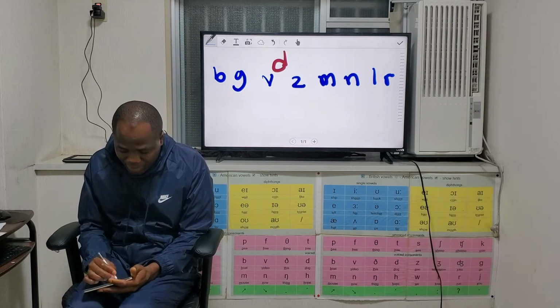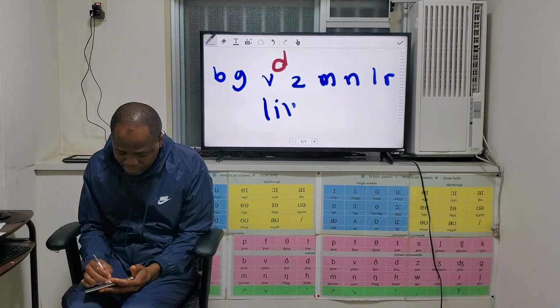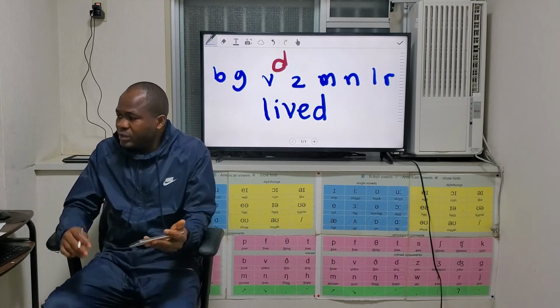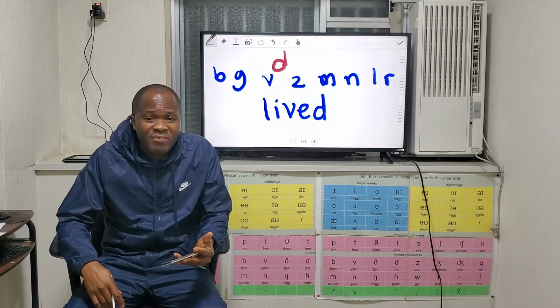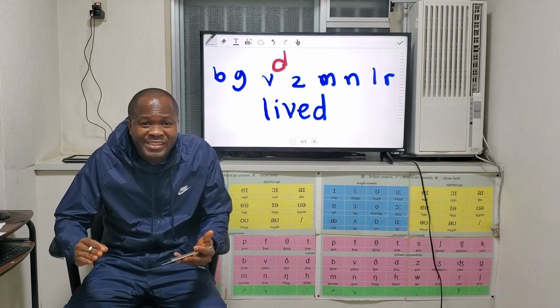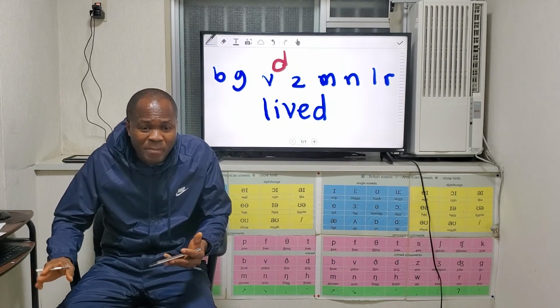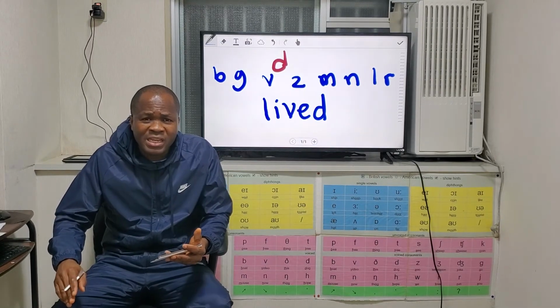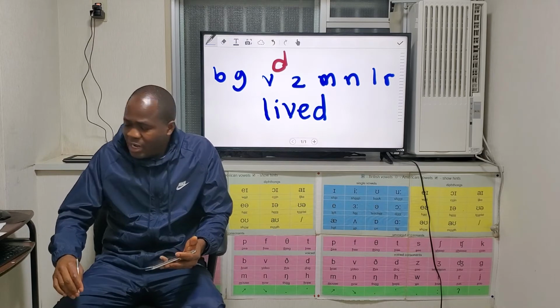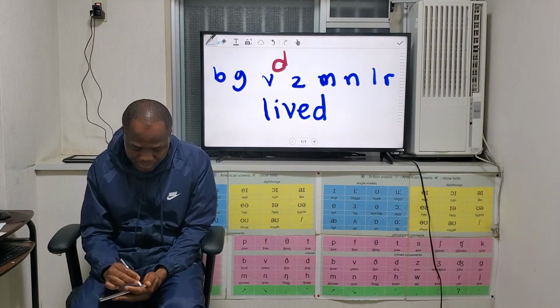The first example is lived. So you hear the last sound, lived. And remember, the D is not a separate syllable. It's meshed together. Let's look at the second example.